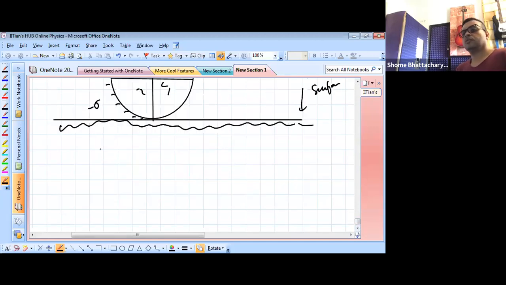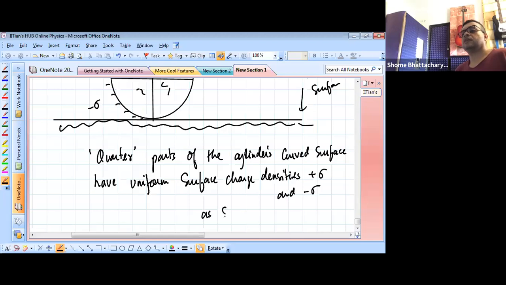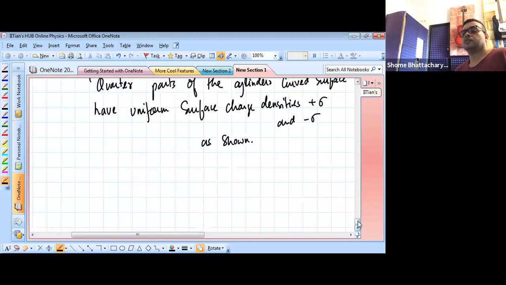So quarter parts of the cylinder's curved surface have uniform surface charge distribution, plus sigma and minus sigma, as shown. That is the case.